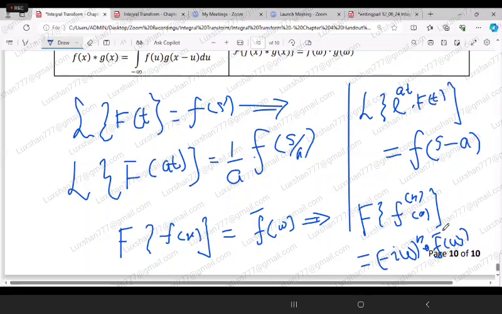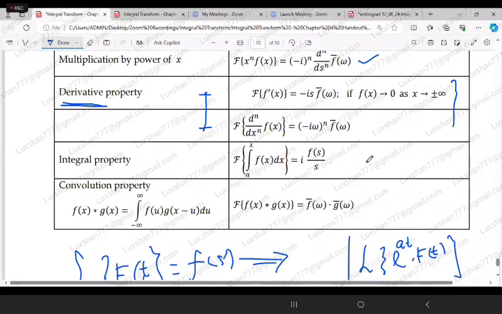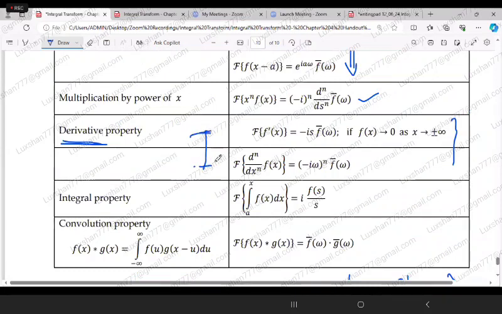Very simple: (minus i omega) to the power n into f bar omega. This one is useful, and in a minute we are going to study it.